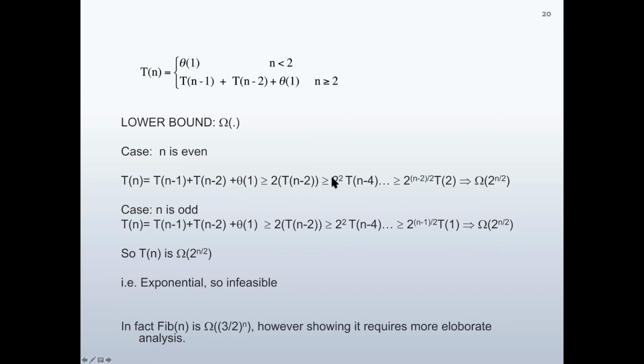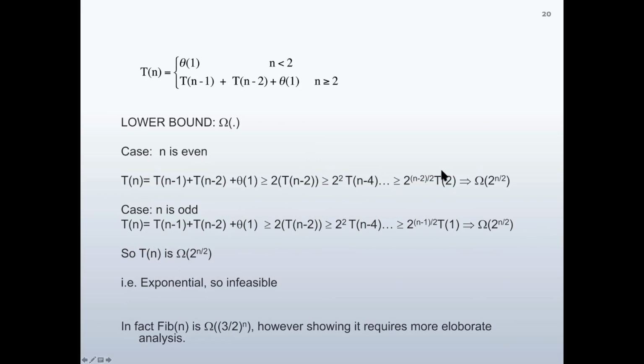Then in the next step, we can write 2 to the power 2, T(n minus 4). And if we go in this manner up to T(2), here we will have 2 to the power (n minus 2) divided by 2. This is because each time we are decreasing by 2.